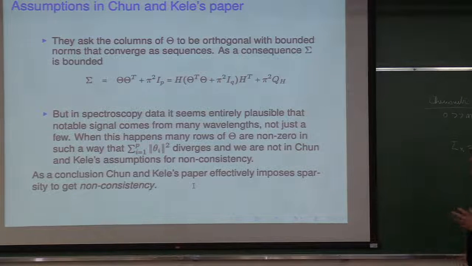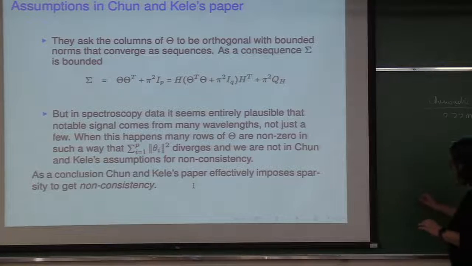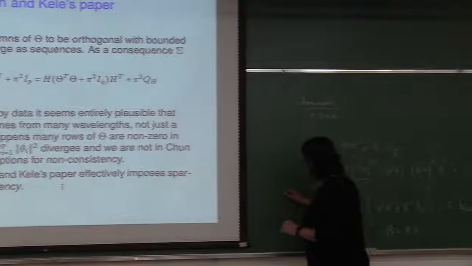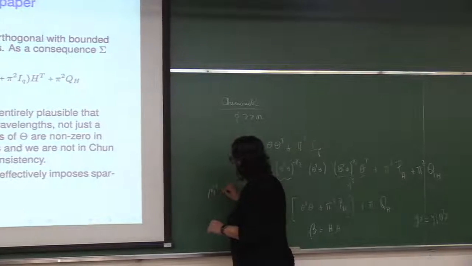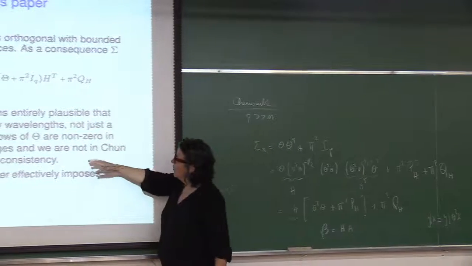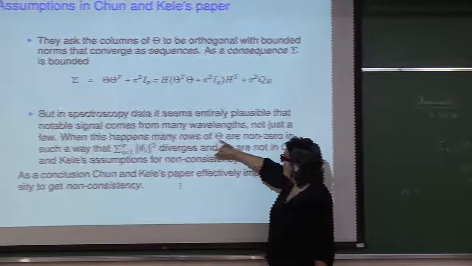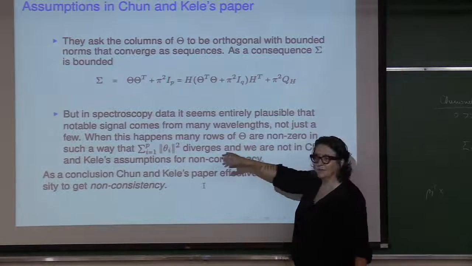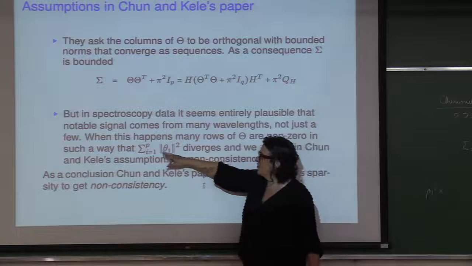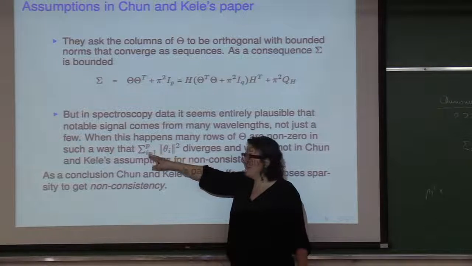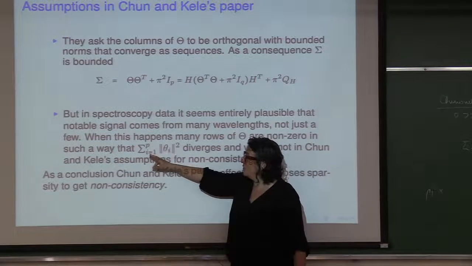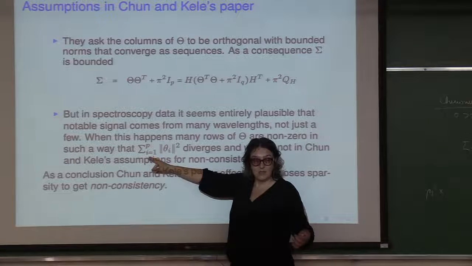But the thing is the following. If you ask this theta to be bounded, in some way, because you are taking beta, remember this is beta transpose X, in some way you are asking that only a few rows of theta are not zero, because you want this to be bounded when P goes to infinity. And then you are asking that only a few rows are going to exist.